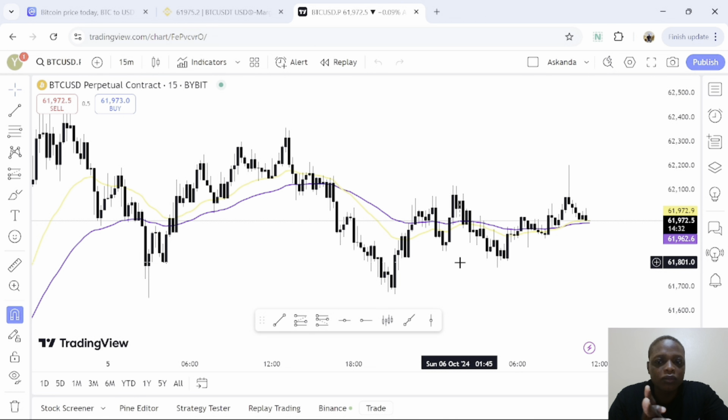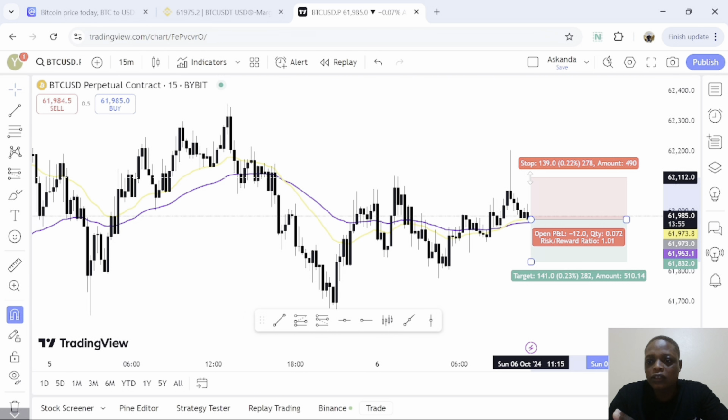Now we are targeting the nearest resistance zone as our stop loss. So my nearest resistance zone will be around a place like this. Let's just go with 62,112, right? Then our target will be 60.